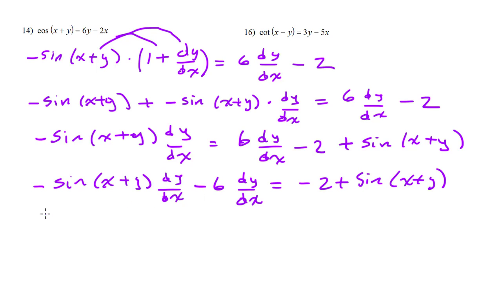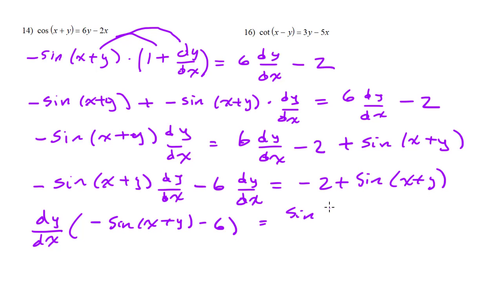And then we want to factor out the dy/dx from both of these terms. And that's going to give us negative sine(x plus y) minus 6 equals sine of (x plus y) minus 2.